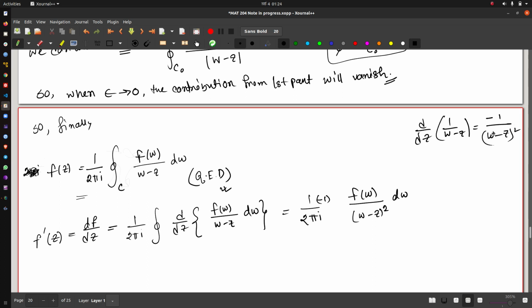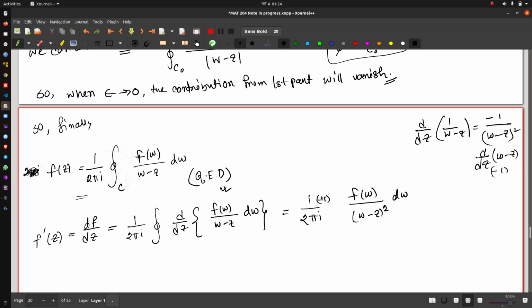That means you put out this minus 1, and this is the first part that comes. However, note that it was a 1 upon w minus z thing, right? So you have to apply the chain rule. So next you need to multiply this with d/dz of w minus z itself, so it will produce another minus 1, and these two minus signs will cancel each other out.